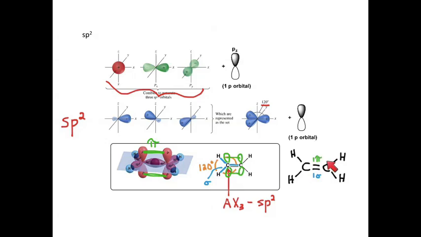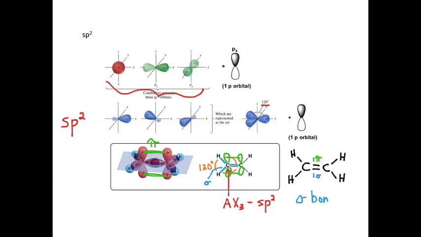Pi bonds are always made of the orbital overlap of two p orbitals. Alright, so let's write that down, just a couple notes to remember.